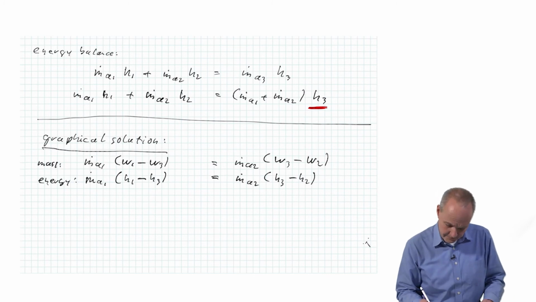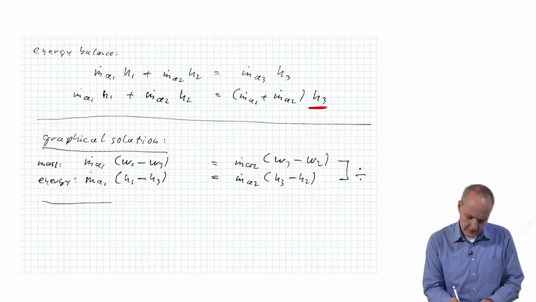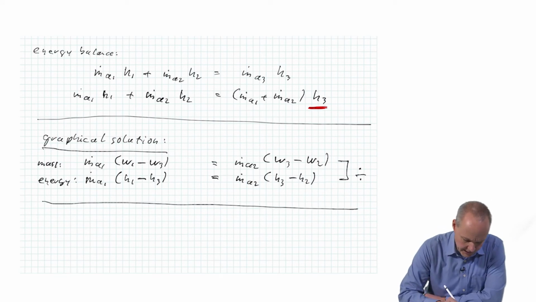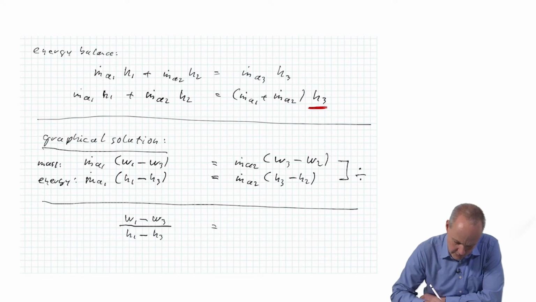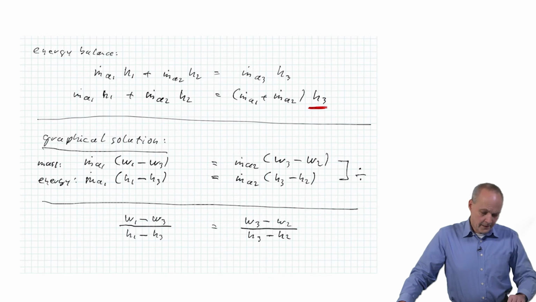So what I get is W1 minus W3 over H1 minus H3 is equal to W3 minus W2 over H3 minus H2, okay?